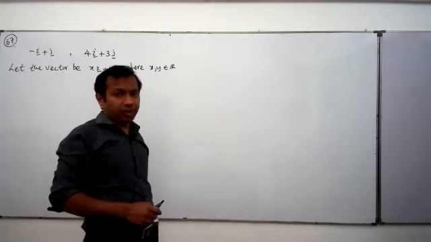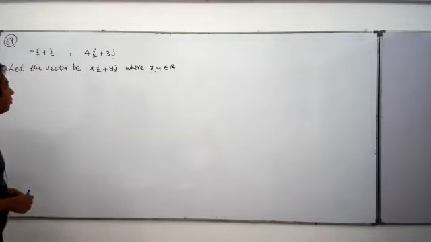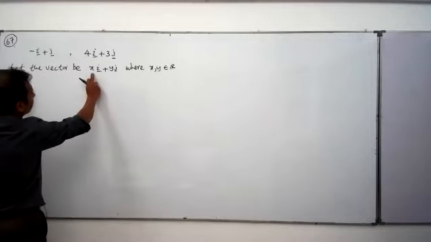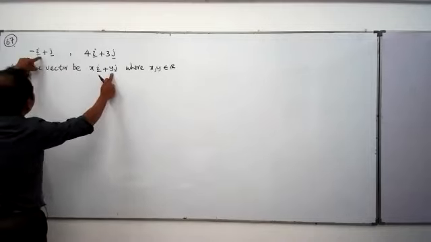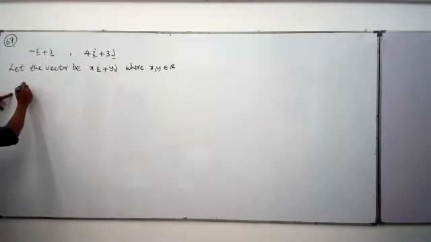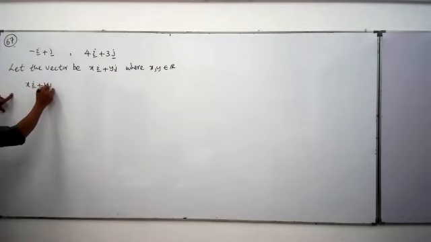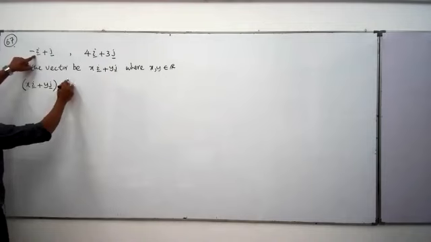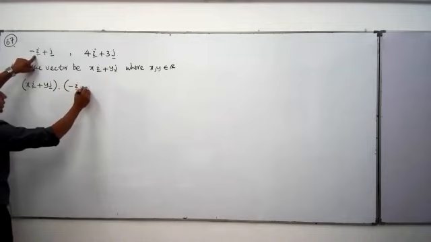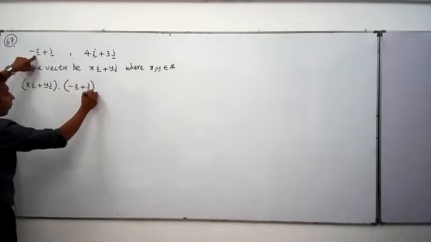Now we are given people this way. When you take the dot product of this vector and this vector, that means xi plus yj dot this minus i plus j.